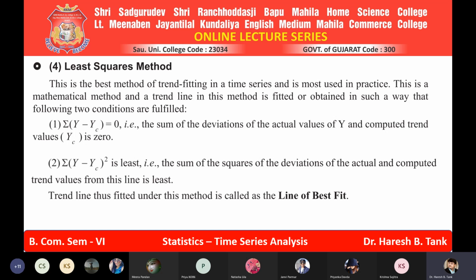As the name suggests, the square should be least. Least means the smallest one, right? So the square should be least. That is a method in which you try to make the sum of the squares least. Least means a minimum.